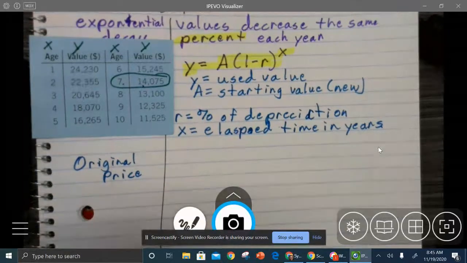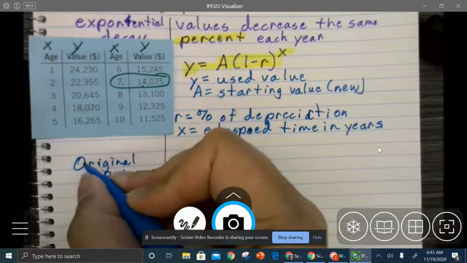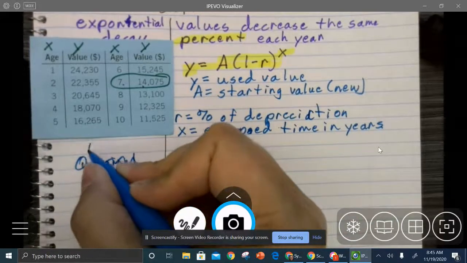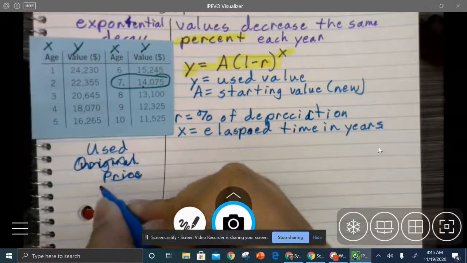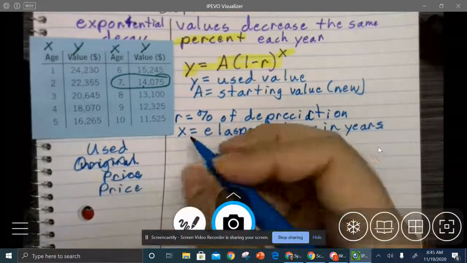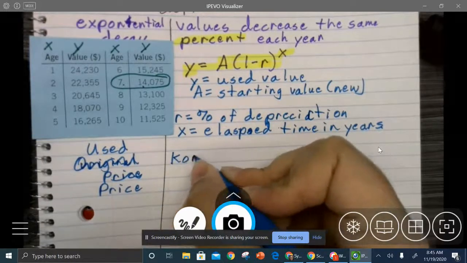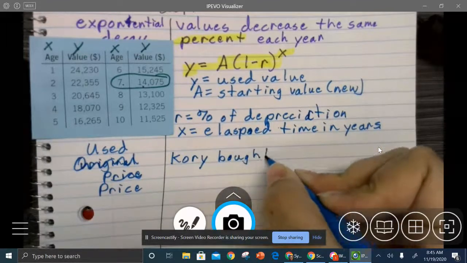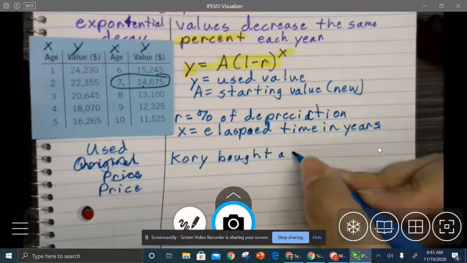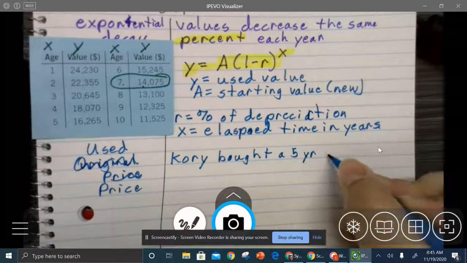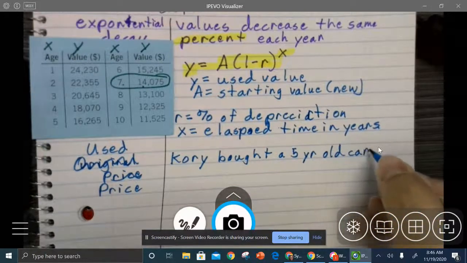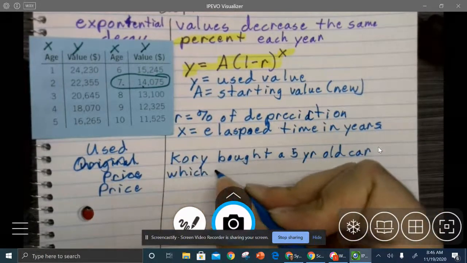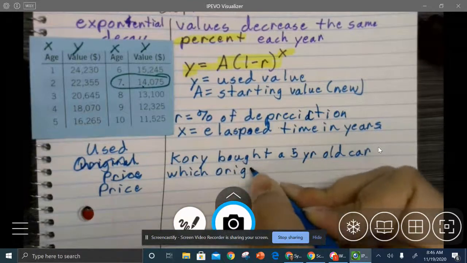All right, let's do another example. Actually, instead of original price, let's just do the used price. We're just going to do a regular one. So we have that Corey has a 5-year-old car which originally sold for $25,000.